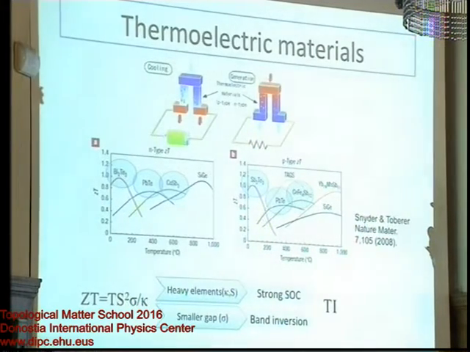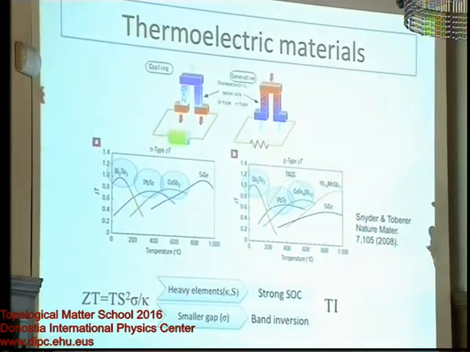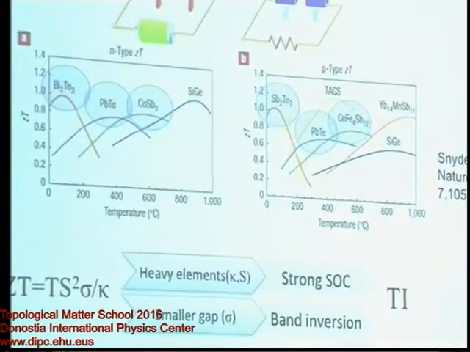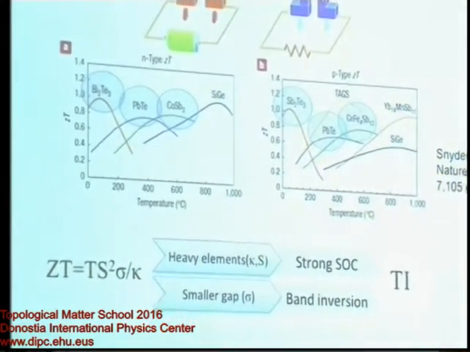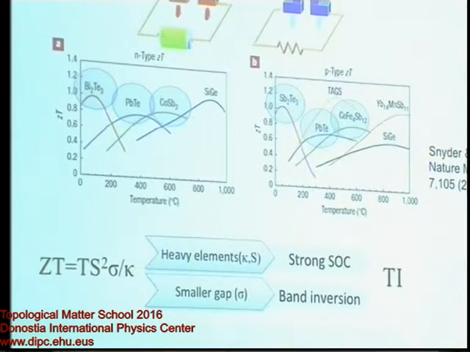Well, a small gap is sometimes also related to the application of thermoelectrics near room temperature. This means if we know some very good thermoelectric material, we can first think about whether it can be a topological insulator or not. But you don't have to think about this too much, because people have already started on it.